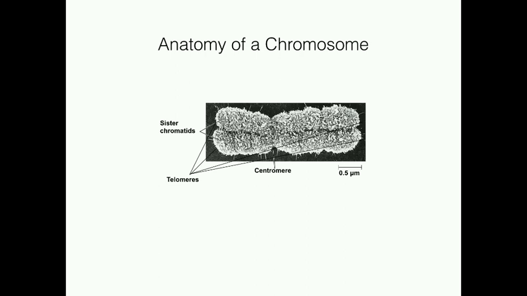This is all one chromosome because if I were to, say, tug on one arm of this, the whole thing would move together. It's all bound together. However, as we'll see later on, if I were to clip this binding, like cut the binding here at the centromere, and these two chromatids would float away from each other, now they would be two chromosomes because they're no longer bound together.